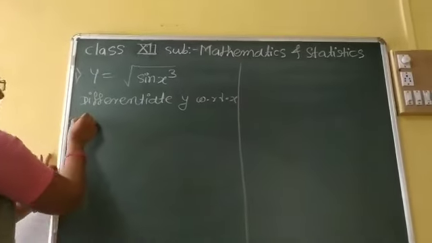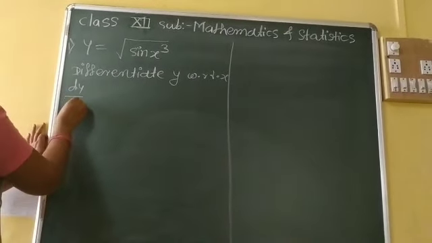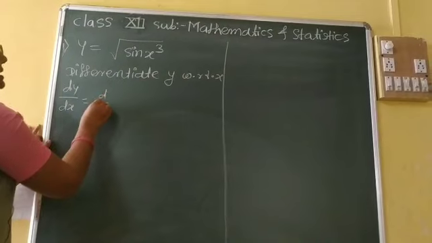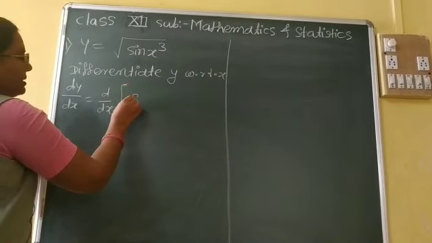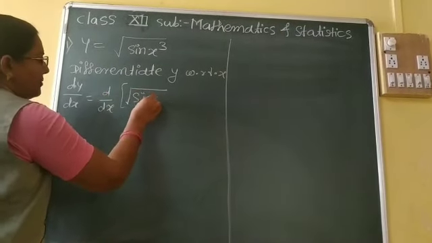We get dy by dx is equal to d by dx of under root of sine of x cube.